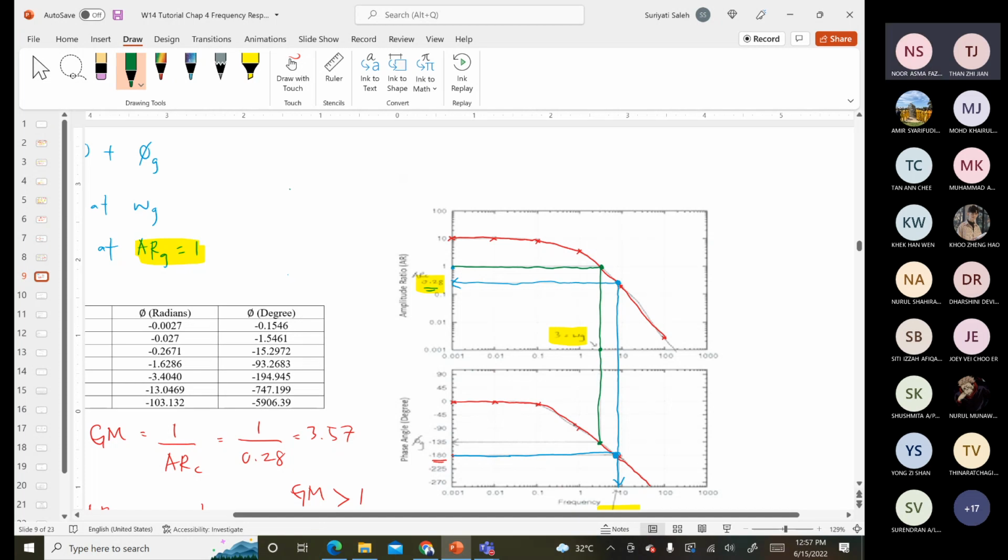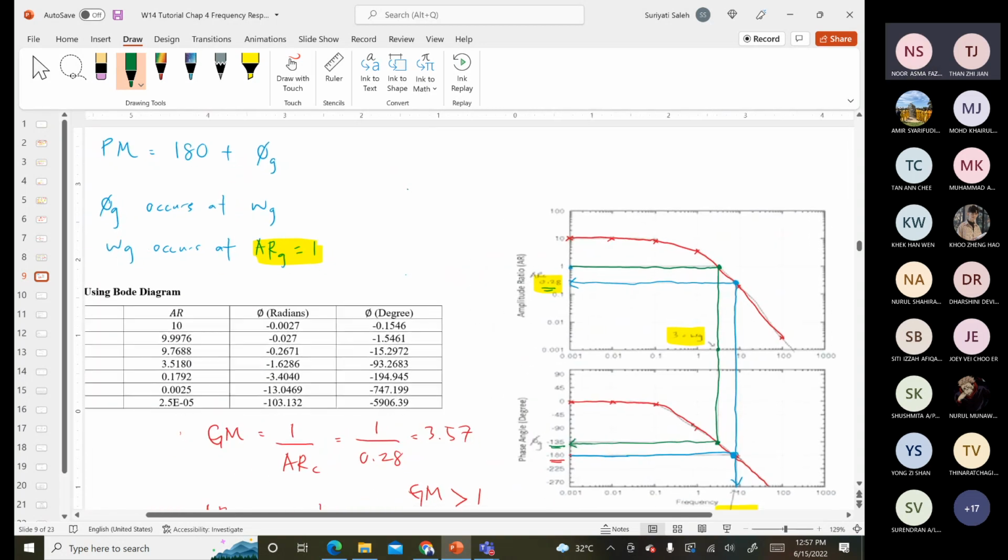The next line corresponds to the phase angle line. Once you obtain that, take a look at what is the angle. Here, let's say your angle is negative 135. So the phase margin is 180 plus the angle negative 135. That means it is 45 degrees.